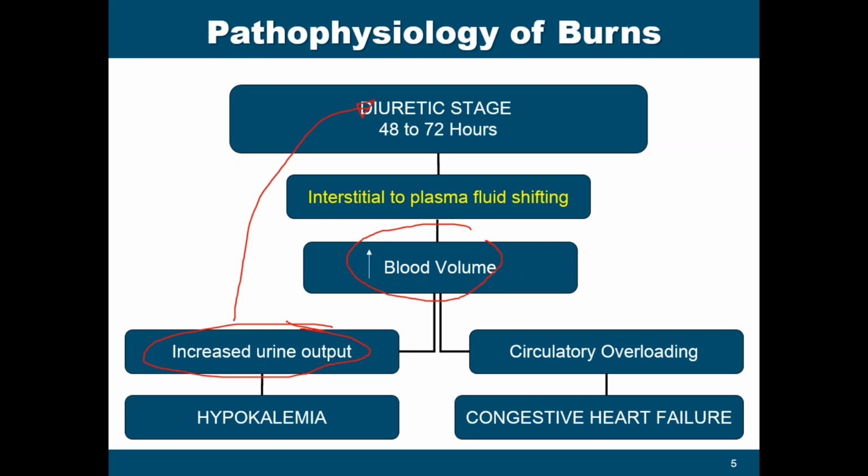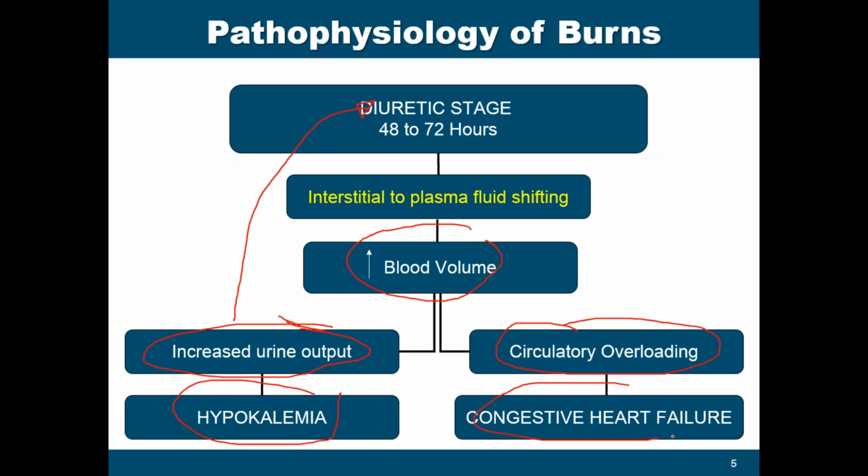But we all know that once there is an increase in the urine output, what is the major electrolyte being lost in the urine? That would be your potassium. And during this stage, you will see that the patient is going to develop hypokalemia because of the increased urination. Now, a major complication of increased blood volume will be circulatory overloading.